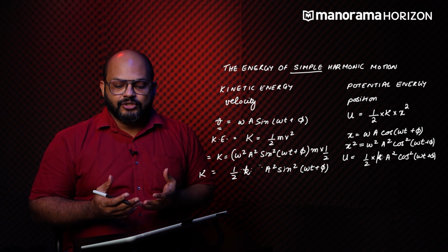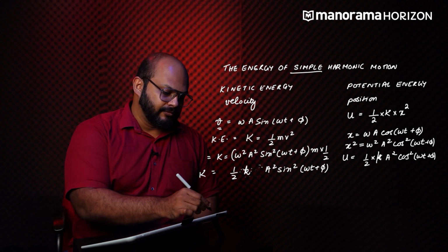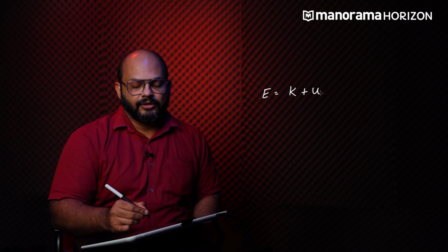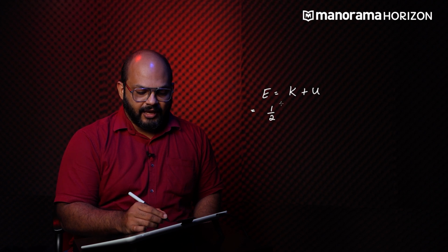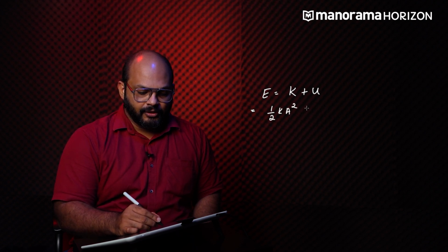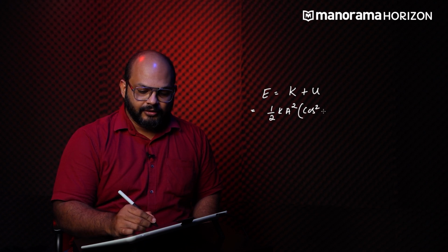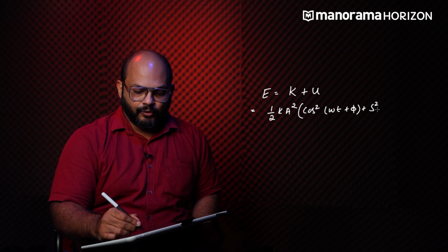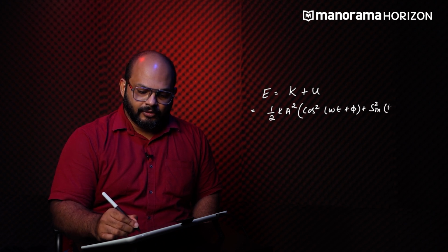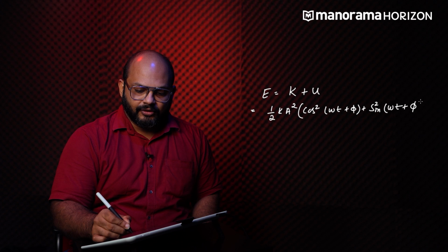The total energy of the system is the sum of the kinetic and potential energies, that is K plus U. So this comes out to be half K A square, cosine square omega t plus phi plus sine square omega t plus phi.